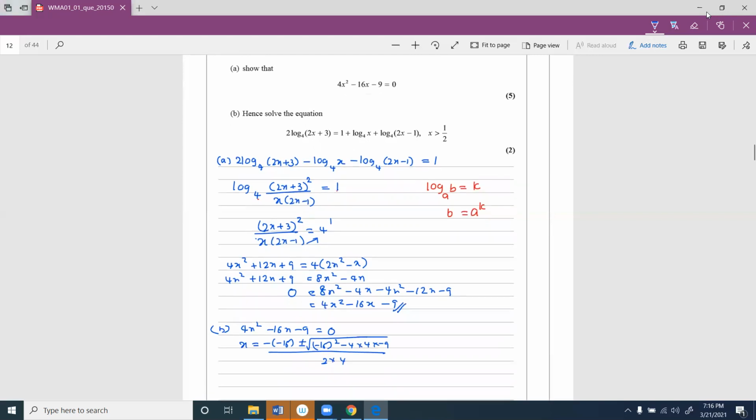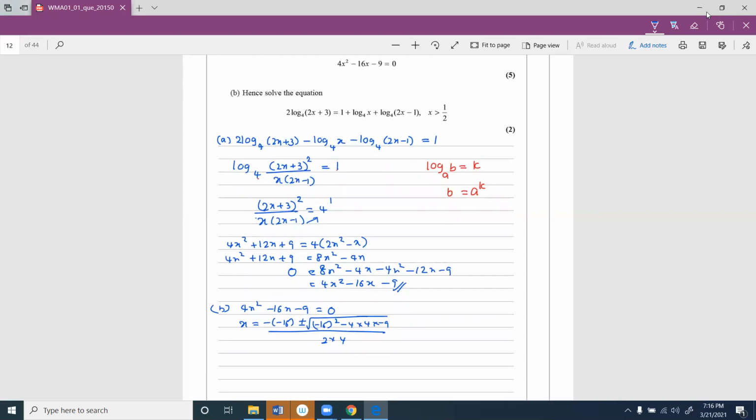With this you can write the answers for x. You'll be getting the answers: one answer is 9 over 2 and the other answer is minus 1 over 2.